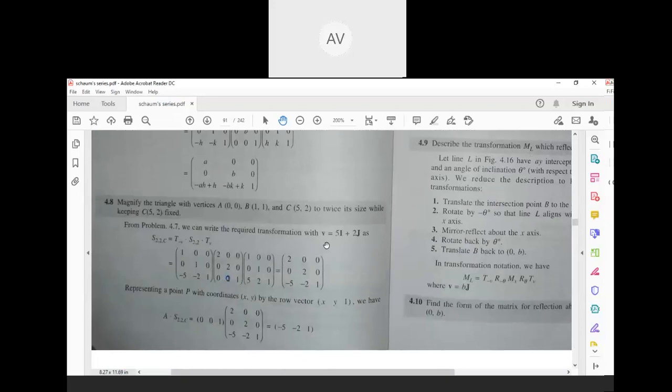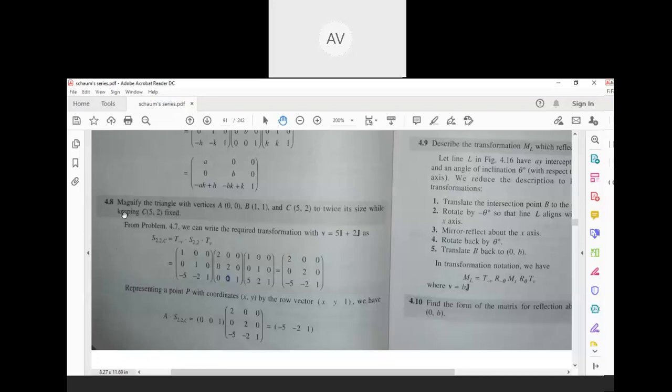Similarly, the next numerical we will see: magnify the triangle with vertices A (0,0), B (1,1), and C (5,2) to twice its size, while keeping C (5,2) fixed. Twice its size means we have to double, so the scaling factor will be 2.